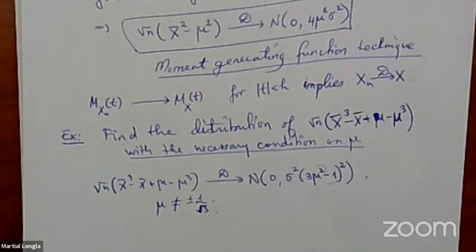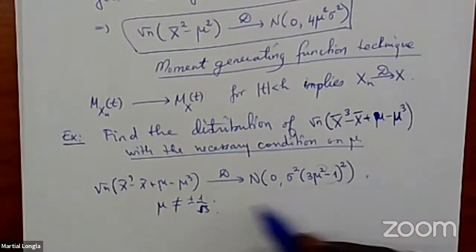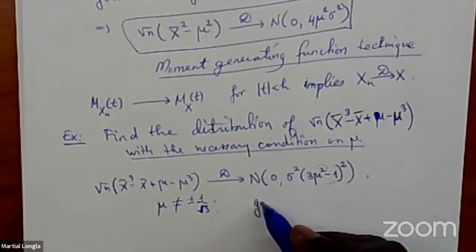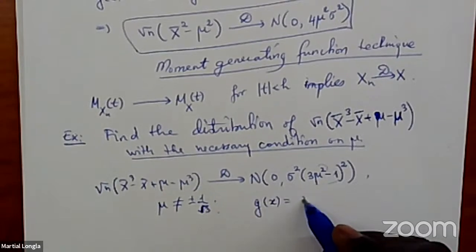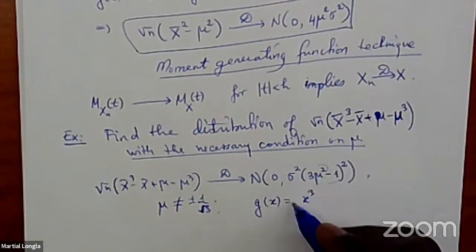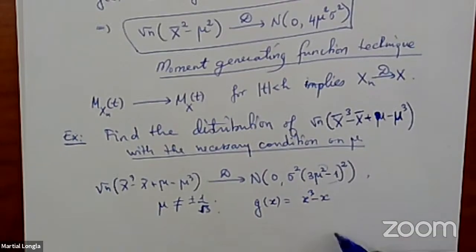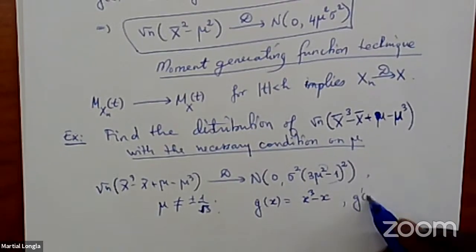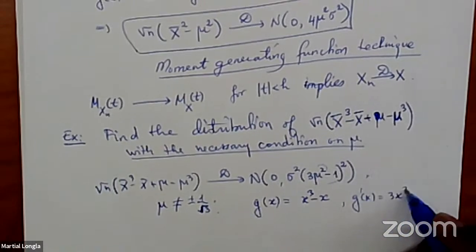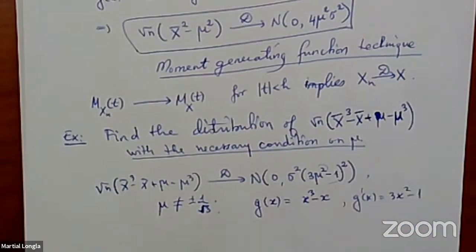Thank you. And you obtain this by just realizing that here, g of x is x cubed minus x. g prime of x is 3x squared minus 1.